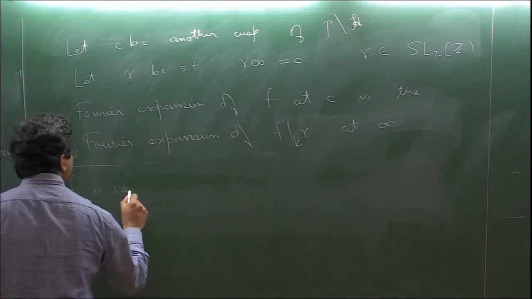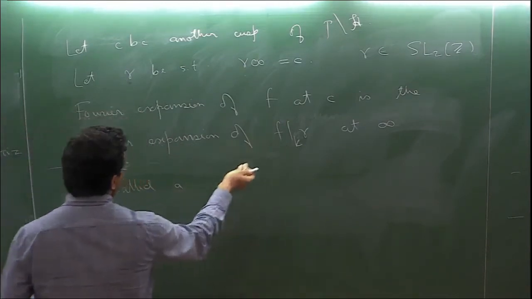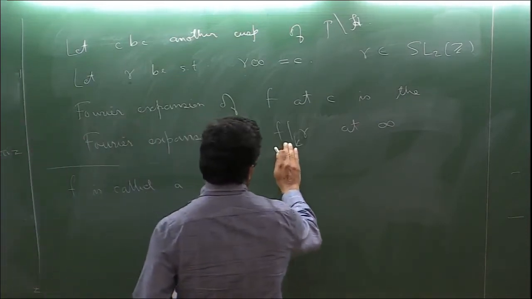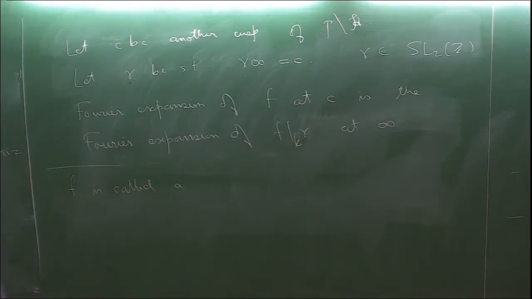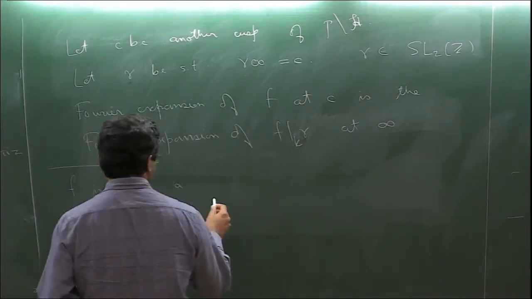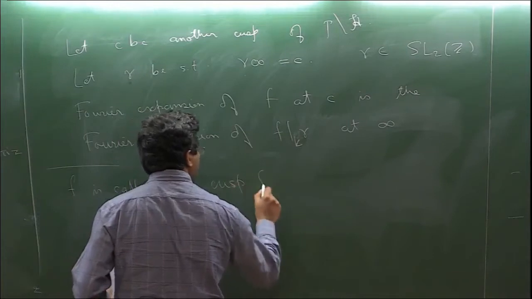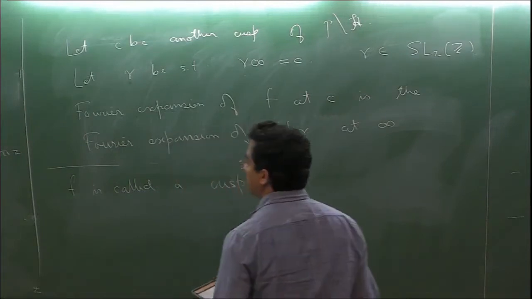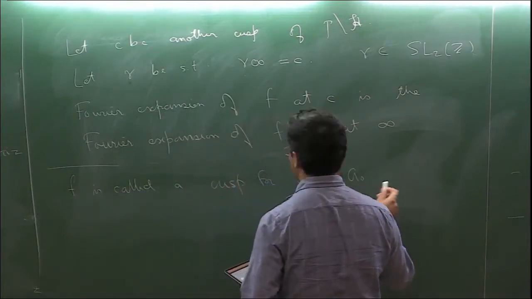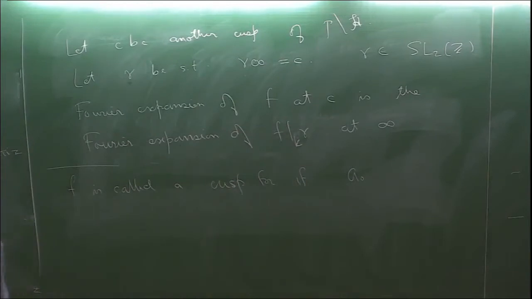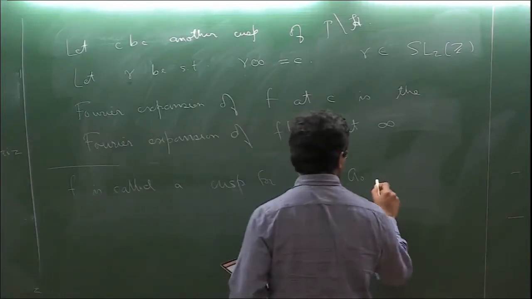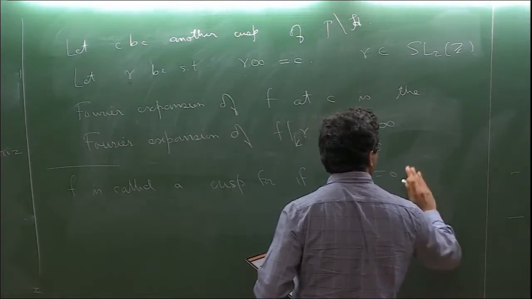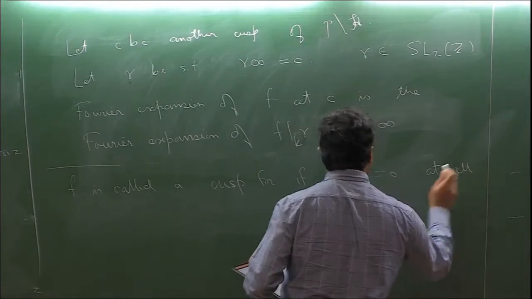So holomorphicity at all cusps means that the Fourier expansion has no negative terms. Okay, so I won't write that down. F is called a cusp form if A0, or maybe I should write a0, is 0 at all cusps.